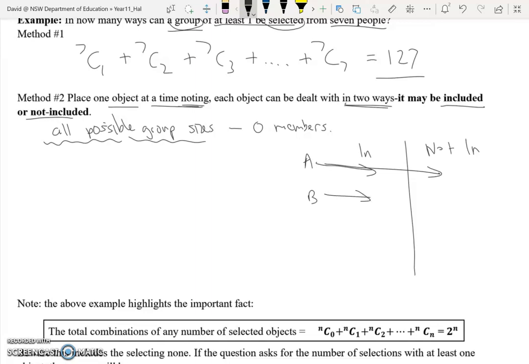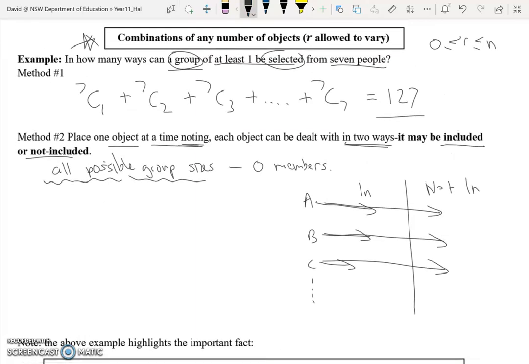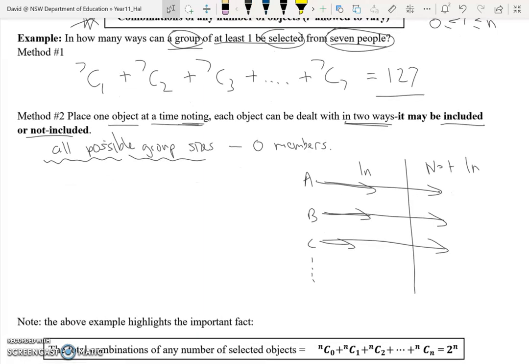Then B can be in or not in. C can be in or not in, etc. And there's n objects altogether. In this case, there's going to be 7 people, so there's going to be 7 different outcomes. So you can think of it like this: 1, 2, 3, 4, 5, 6, 7. Each is 2. You can either be in or out.